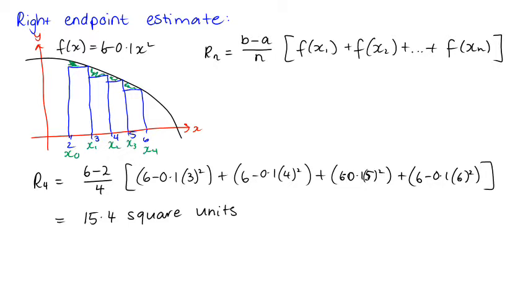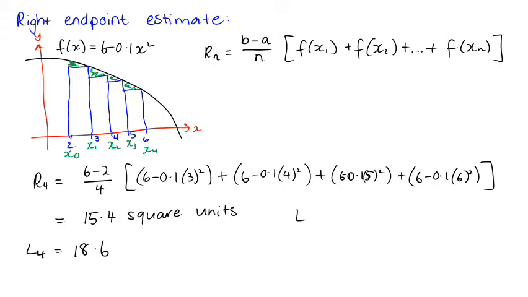Okay, so 15.4 is our right endpoint estimate. Now, of course, the left endpoint is a little bit more, the right endpoint is a little bit less. So if we average the two, we might arrive at somewhere much closer to the actual area. The other one was 18.6.